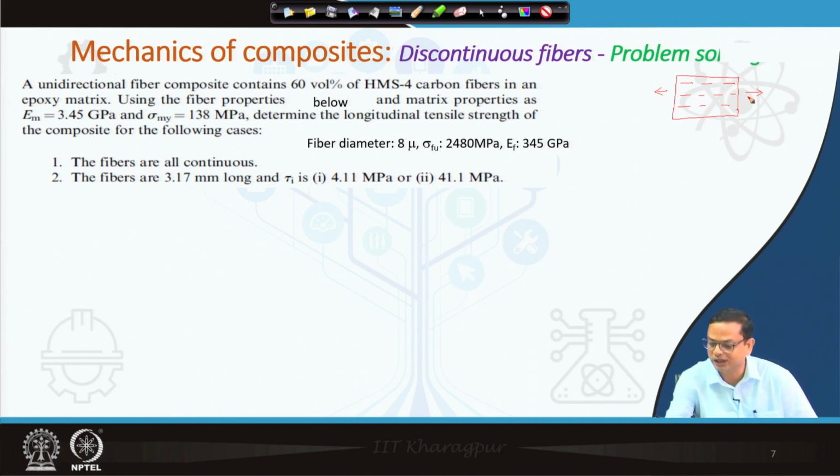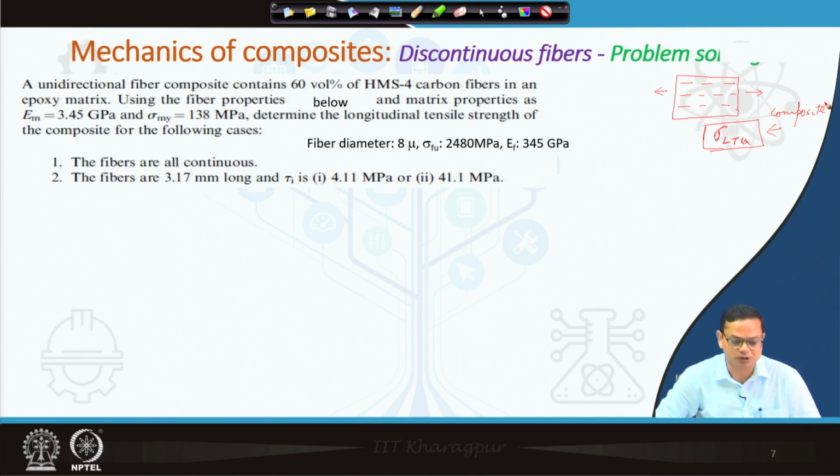How do we ultimately calculate sigma LTU, that means the tensile stress in the longitudinal direction, the tensile ultimate of the composite material. That we discussed in the last class. So, based on those theories, we will try to solve this problem.